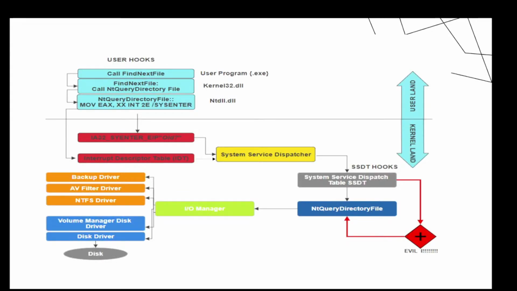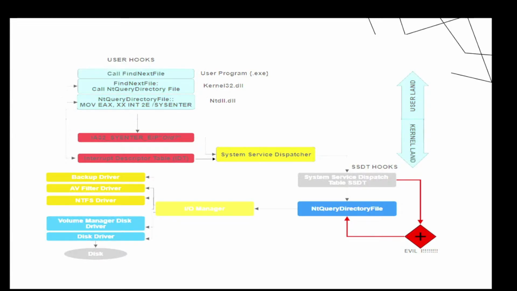I've got a cool little template here. So you have the user hooks for whatever exe is being run. That goes into what is now the IDT, what used to be the IA32 table.